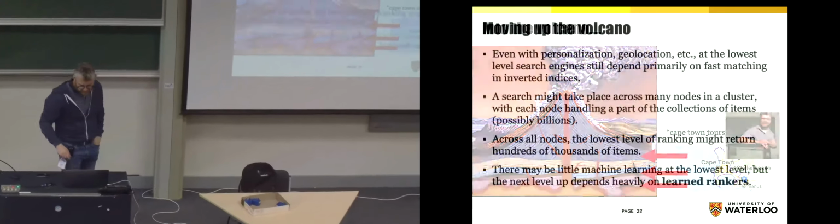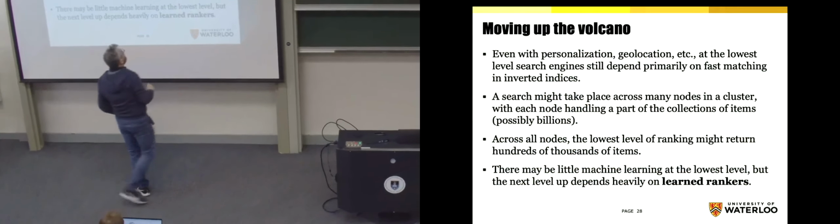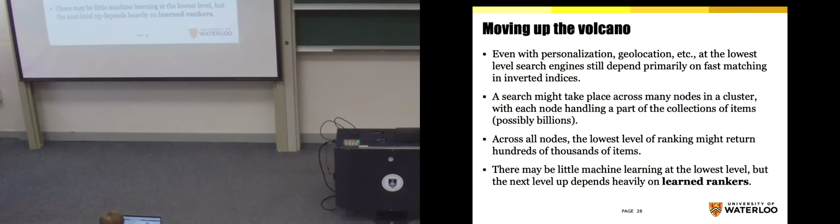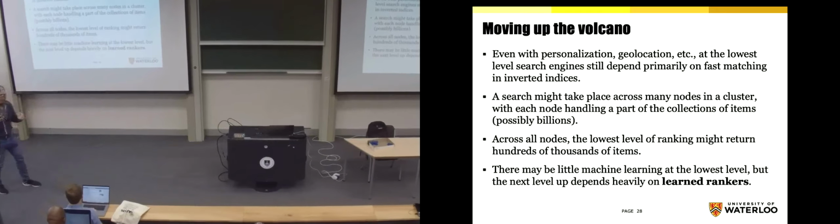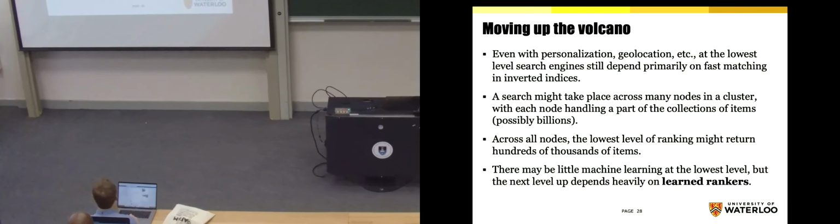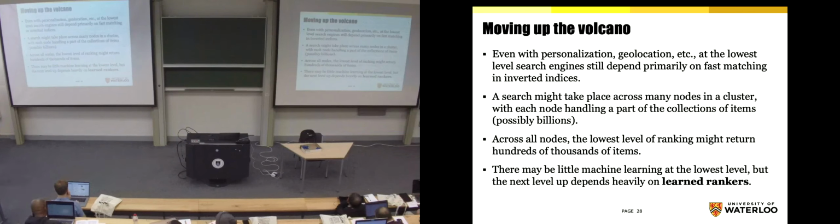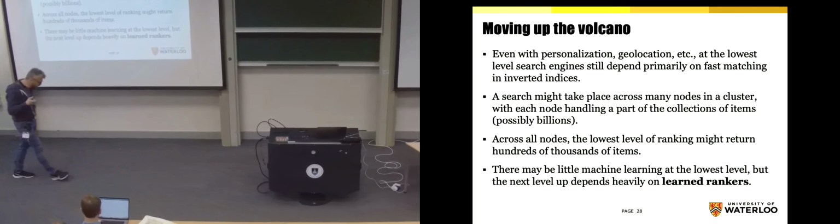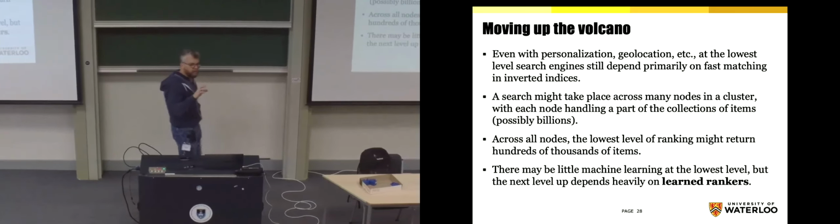Okay? So then we go up the volcano. At the lowest level, we still primarily depend on the fast matching. So there's a whole database technology in doing the fast matching of all these characteristics against an inverted index, with some help from geolocation. And if we go back to that data center I showed you at the beginning, that search will not take place on one machine.